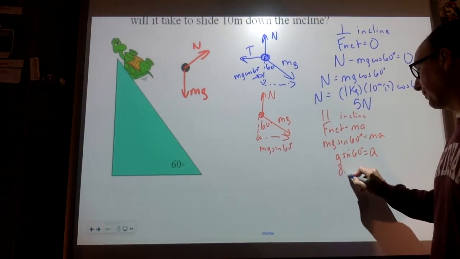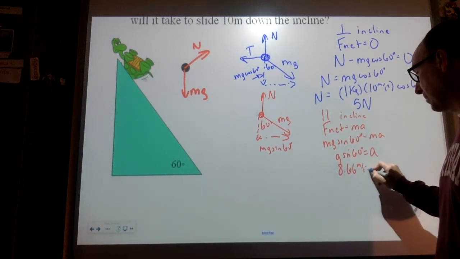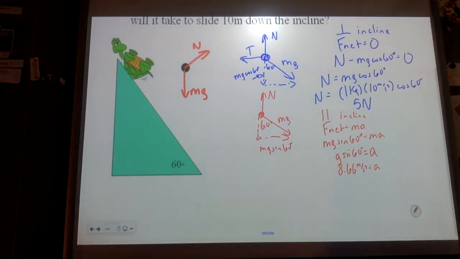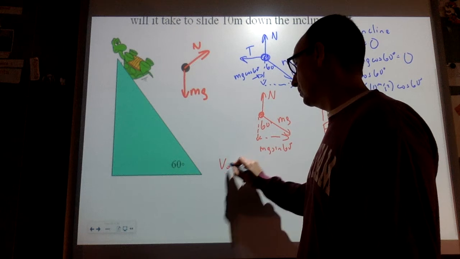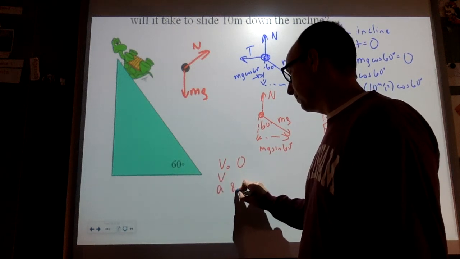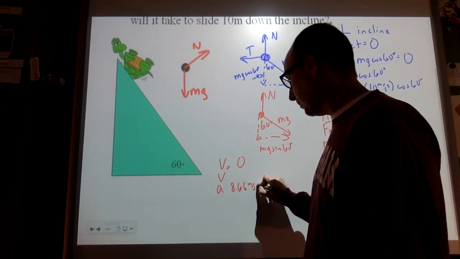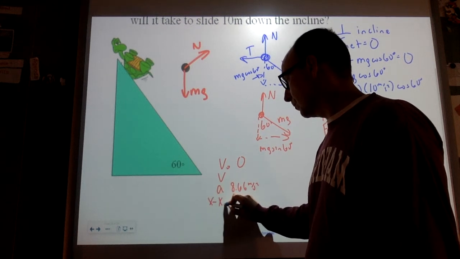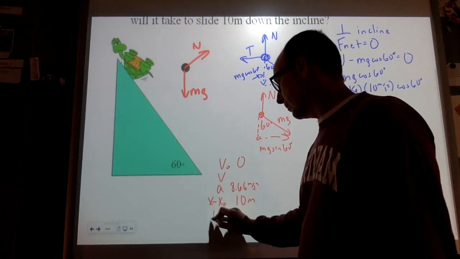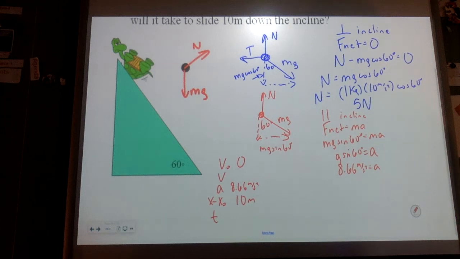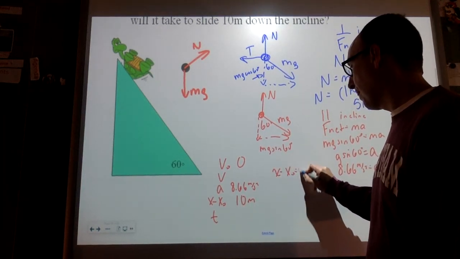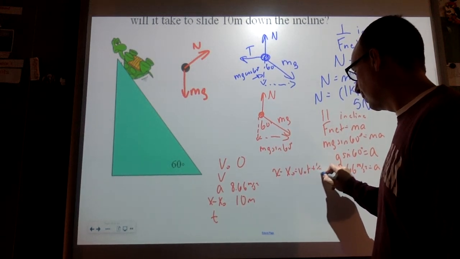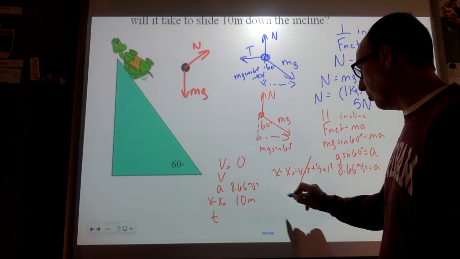which is going to be 8.66 meters per second squared, 8.7 meters per second squared. Then how long is it going to take to go 10 meters? I'm going to have a chart. And then I'm just going to solve for time. That's going to go away.